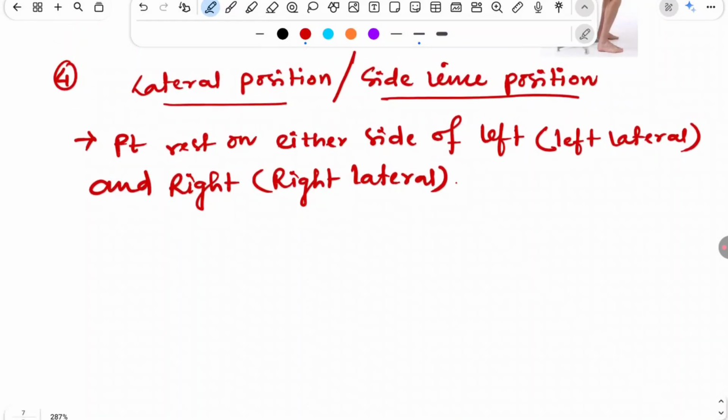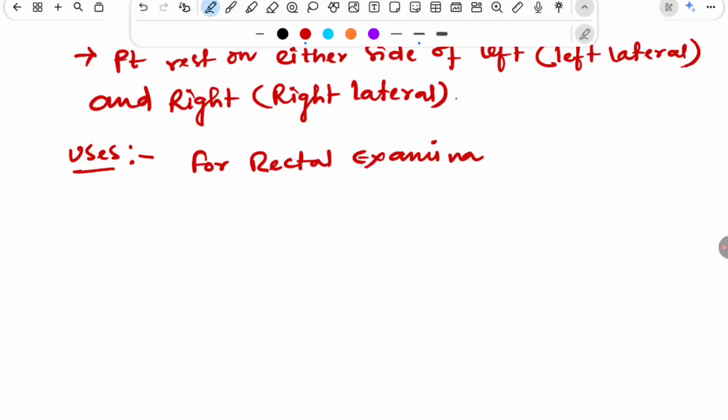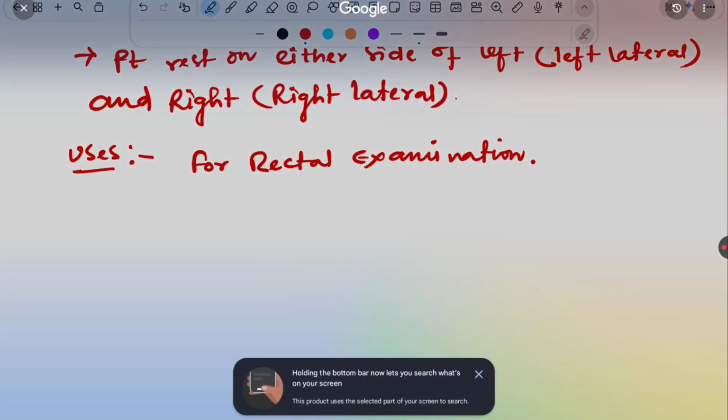Understood what is lateral position? Uses: we can say for rectal examination, and we can use for enema administration also.